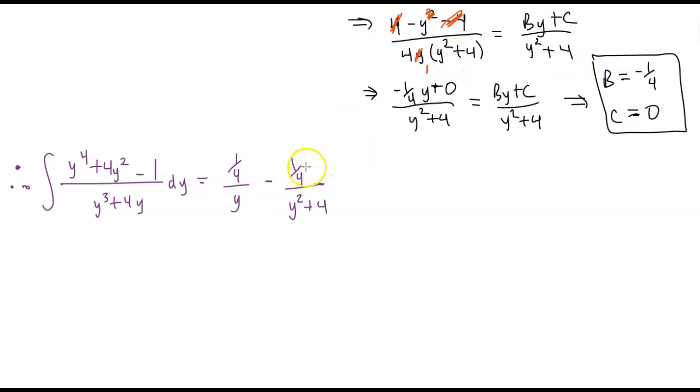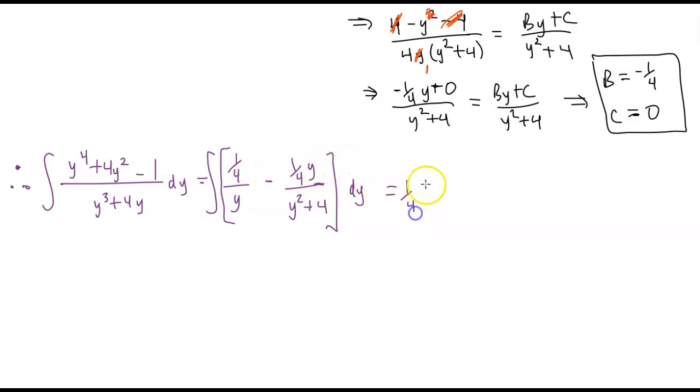And there's a y that is supposed to be here that I forgot to write. So now that we have that, I'll put this all in here, then do the integral sign dy. And so now at this point, we just need to integrate both terms.